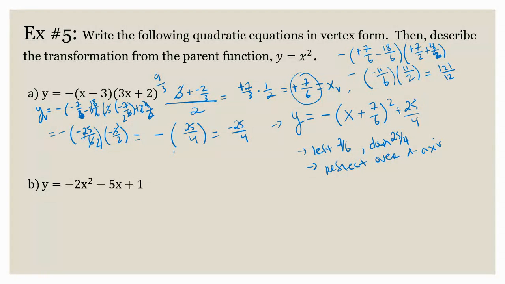I believe that's right now. So this should be 121 over 12. So then this would be up 121 over 12, right? So see how I looked back at it and I was like, wait, that doesn't make sense. You can't have two x-intercepts if your vertex is below the x-axis and then opens down.